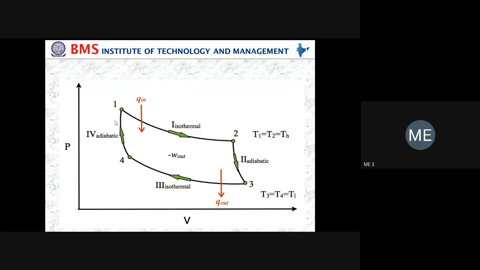Okay, and adiabatic nature is that there is no heat flow, means there is no heat transfer at all between the system and surroundings. Okay, so this is the Carnot cycle. Any doubts in this cycle? Okay, like that we are going to have a number of cycles in applied thermodynamics. This is the basic cycle, Carnot cycle.